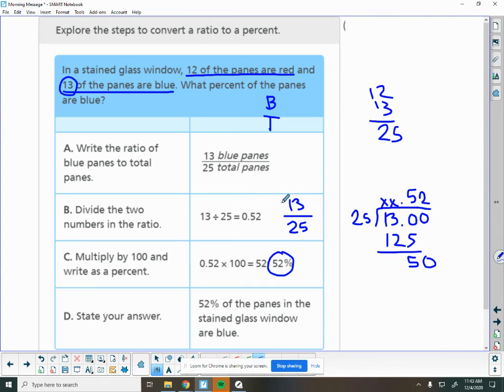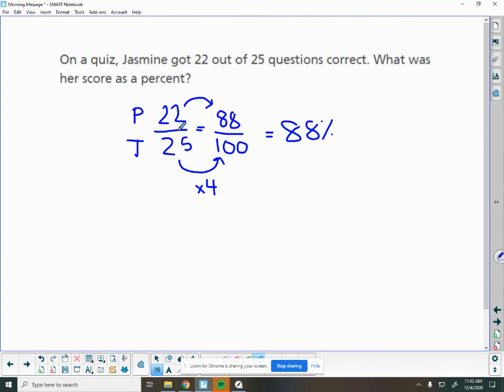So there are two ways you can do it. You can divide the problem, it will be a decimal number, and then move your decimal 2 places by timesing by 100. Or we can set up the ratio out of 100 and see what the missing piece is. We can also set this up again: 22 over 25 equals what percent out of 100?